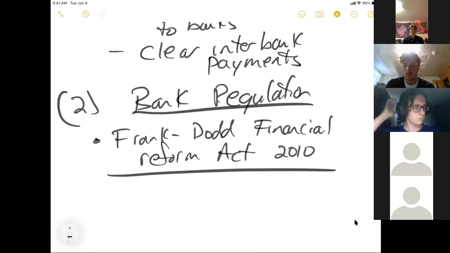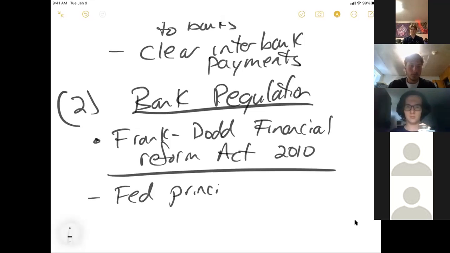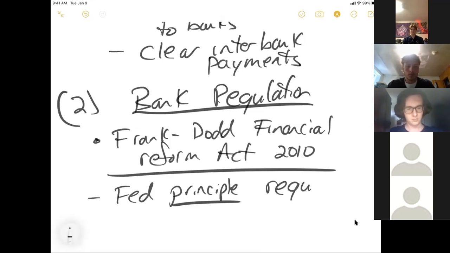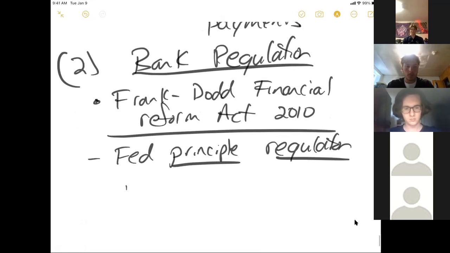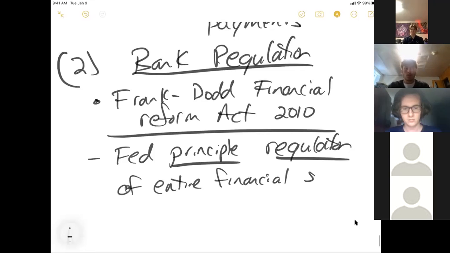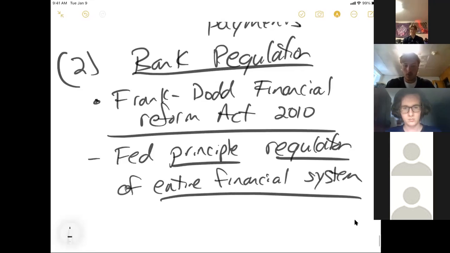It was an overlapping system of different regulators. Any one bank could be regulated by the state. They could be, depending if they were chartered nationally, depending upon how they were chartered, you could have 3 or 4 different regulators. One of the things that the Frank-Dodd Financial Reform Act did is it made the Fed the principal regulator of the entire financial system.